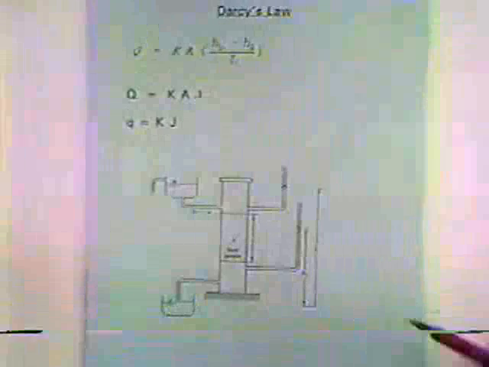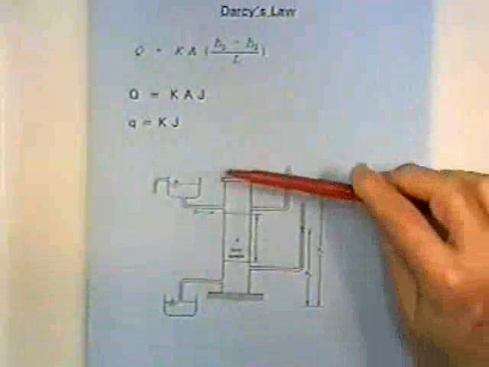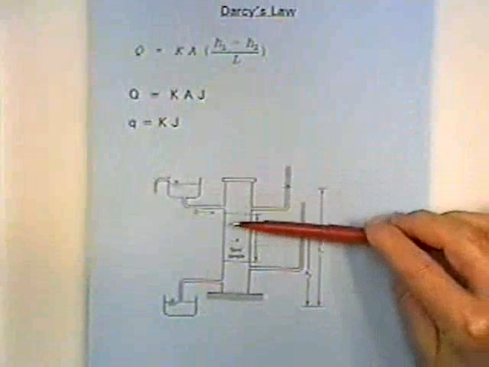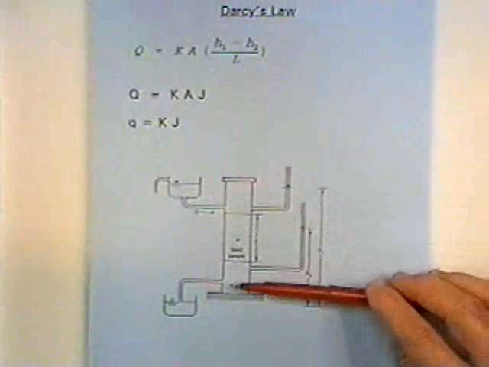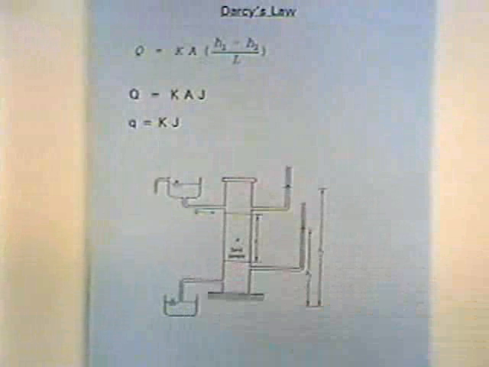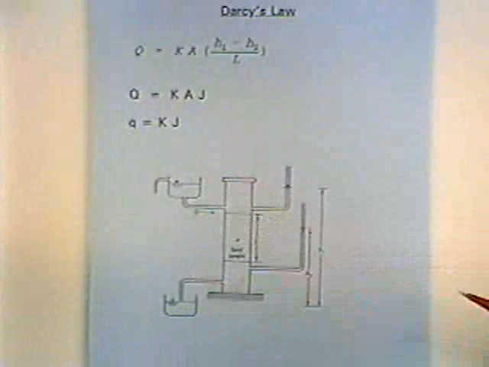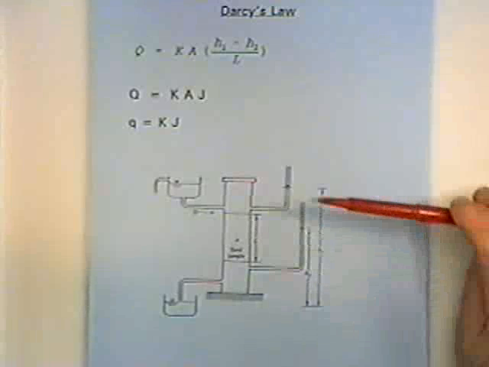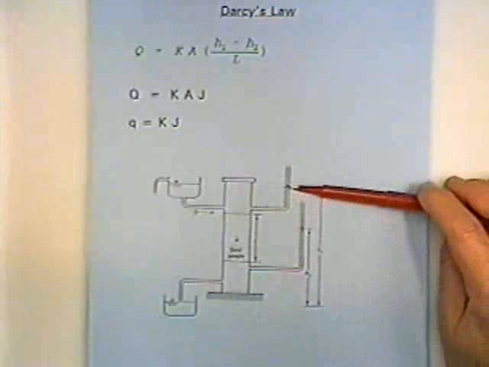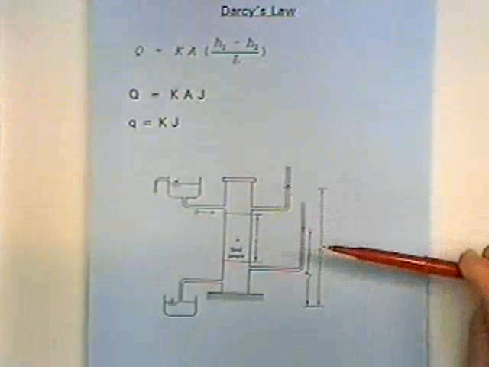This is a little experimental apparatus that illustrates the concept. We've got water coming in here, a sample of sand, and a supply of water. The water flows through the sample, and then it discharges out the bottom, and we want the flow rate through. A is a cross-sectional area through there, and if we inserted a piezometer here, we'd have the head upstream of the sand.